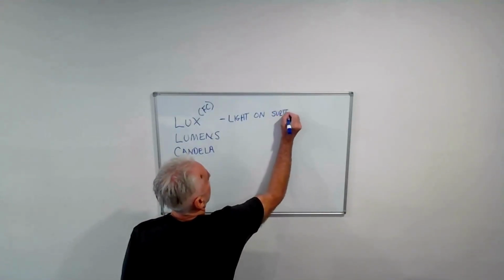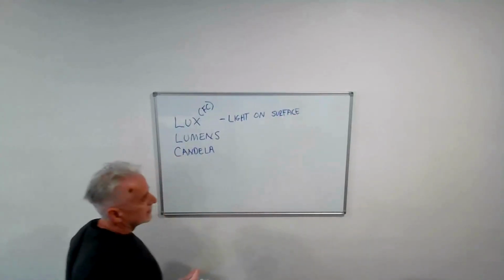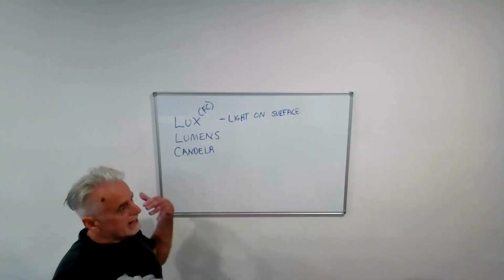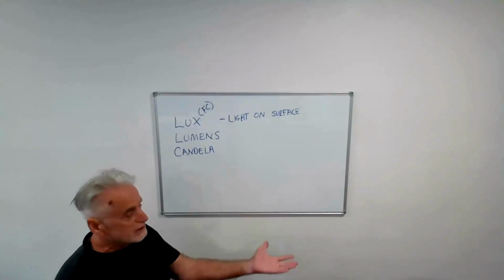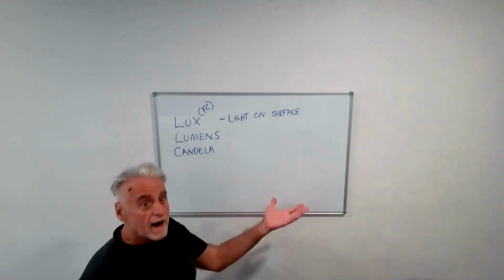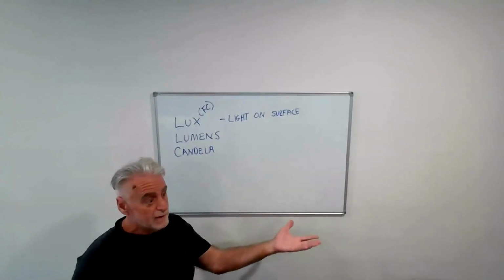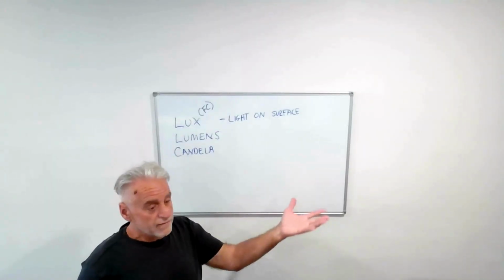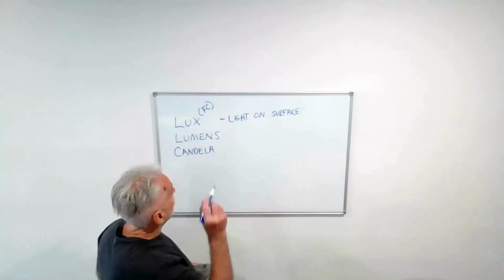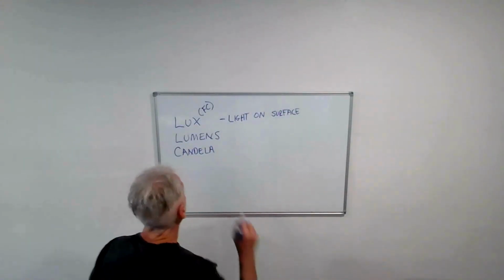When we talk about a lighting installation, we're working with clients as a designer or an architect, interior designer. The question always comes up, what's the foot candle value on this table? If I'm doing fine dining, is that table receiving 5 foot candles, or is it receiving 50 foot candles? So lux will refer to light on surface.